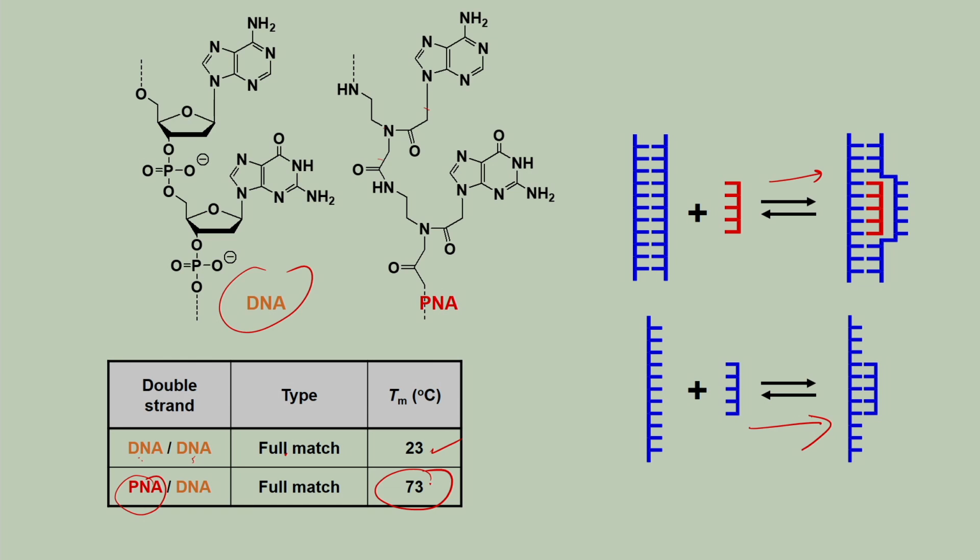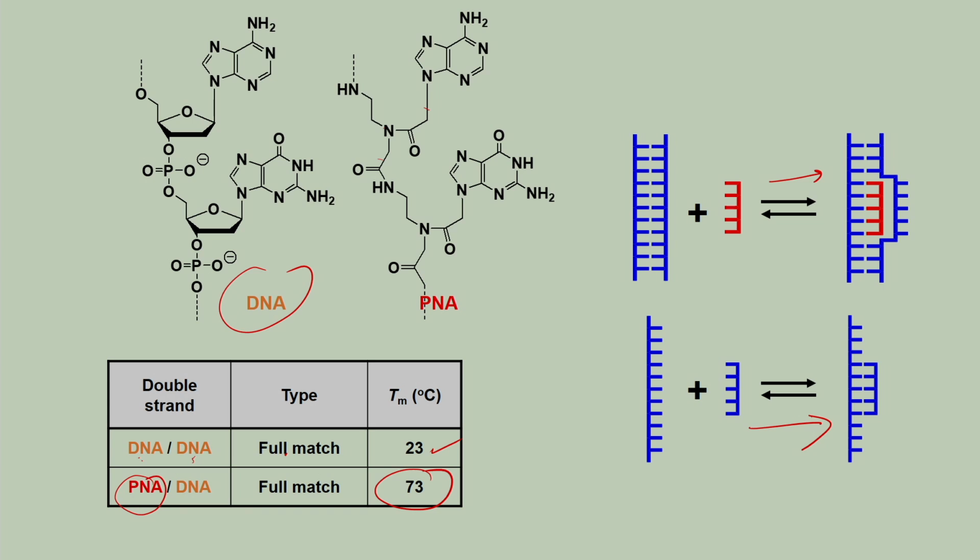We have also shown that if you have a single base mismatch in a large target DNA, the melting temperature of the PNA-DNA double strand would change by at least 20 degrees. PNA-DNA binding is pretty strong, with a melting temperature of 73 degrees Celsius, whereas the same naturally occurring DNA double strand has a melting temperature of only 23 degrees Celsius.